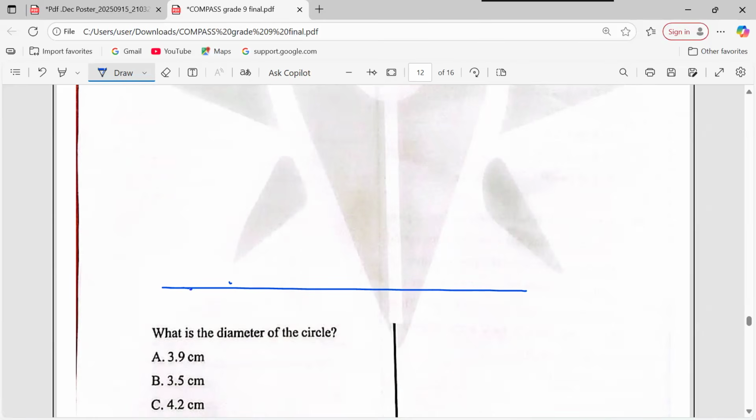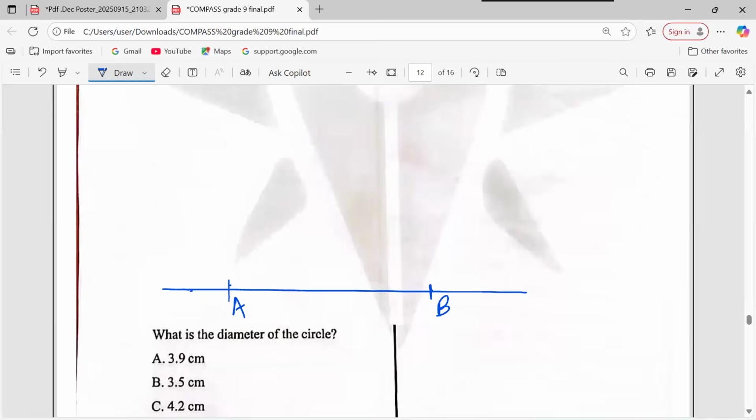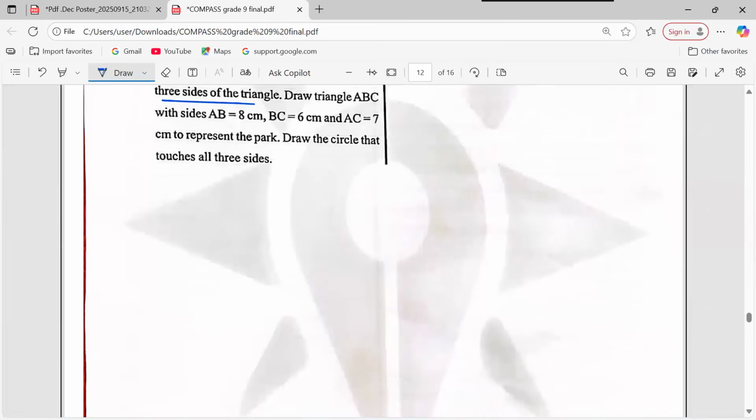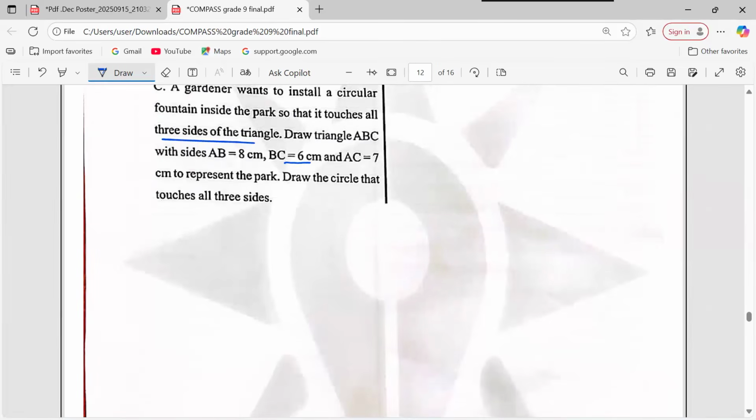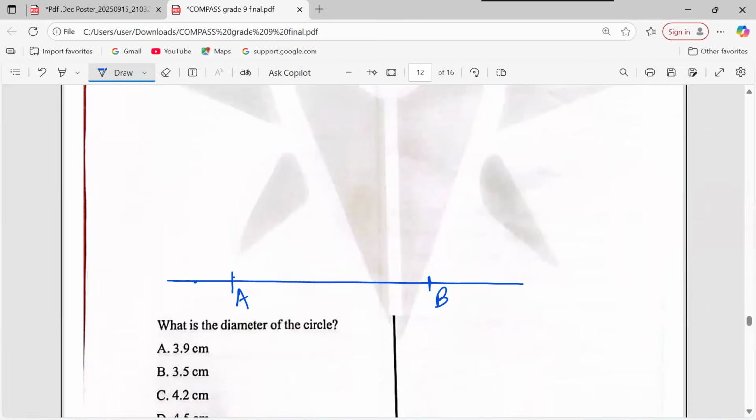AB 8 centimeters. So we mark point A, then we measure 8 centimeters for us to get B. After that, we get a compass. We measure 6 centimeters and stand at B. So we stand at B with 6 centimeters and make an arc.